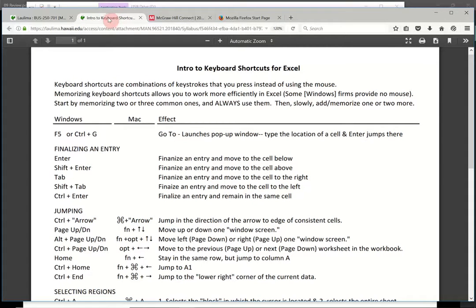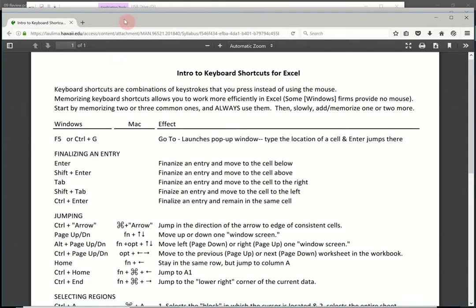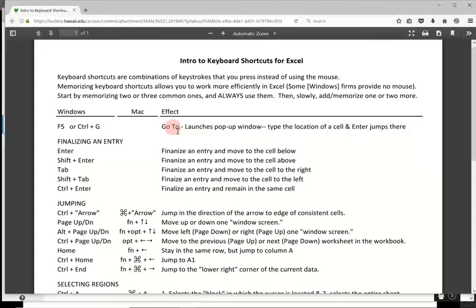It's also under resources on Laulima. So you may want to get this intro to keyboard shortcuts for Excel.